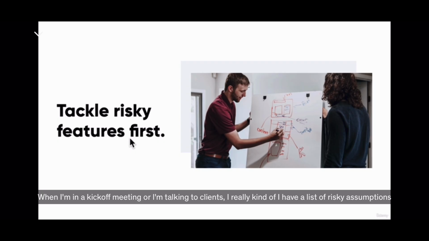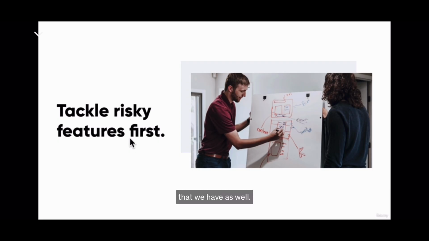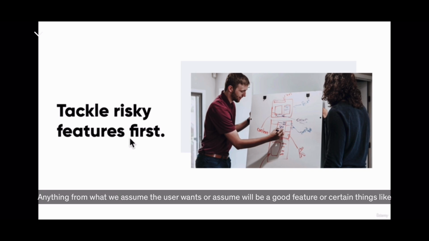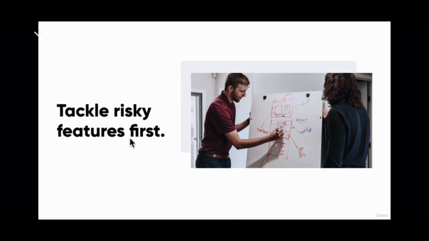When I'm in a kickoff meeting and I'm talking to the client, I keep a list of risky assumptions that we have, and I mark all these things down. Anything from what we assume the user wants, or assume will be a good feature, or certain other things.